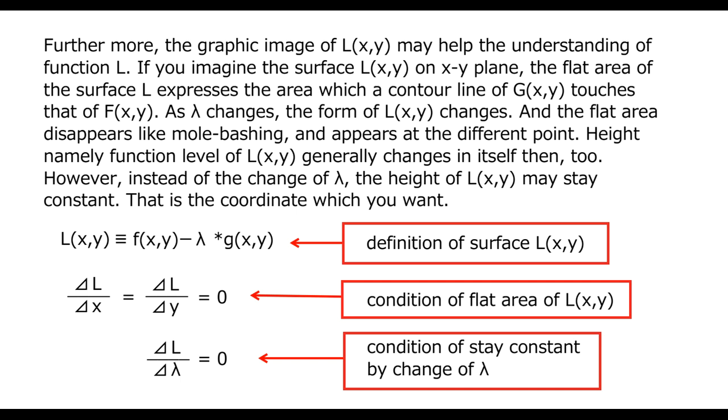At that time, generally the height of L(x,y) changes too. However, sometimes the height of surface L(x,y) may remain constant even if lambda changes. That is exactly the point where we seek the answer.